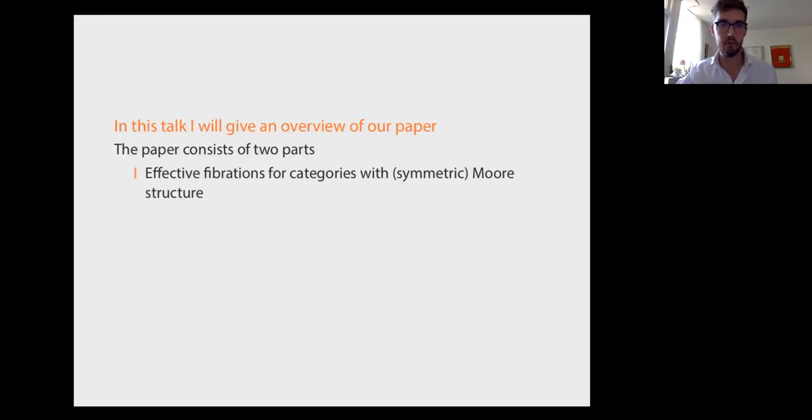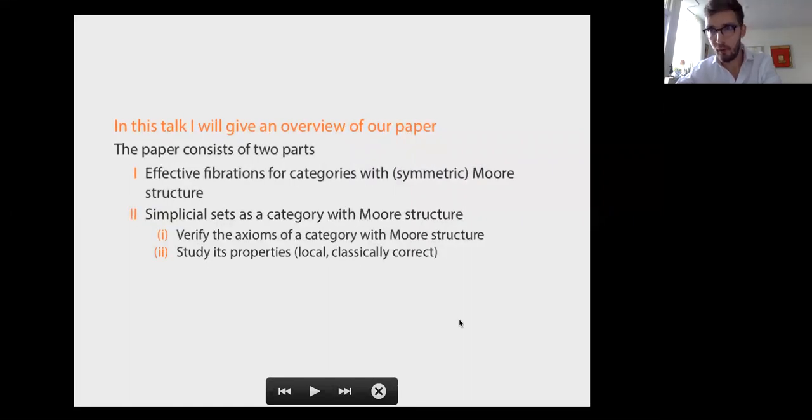It was called differently in their paper. And we have managed to construct algebraic weak factorization systems rather than just weak factorization systems, but it follows the same philosophy. The second part of our paper is the most new, because it shows that simplicial sets satisfy the strengthened setting.